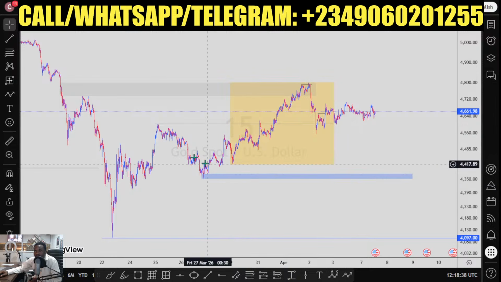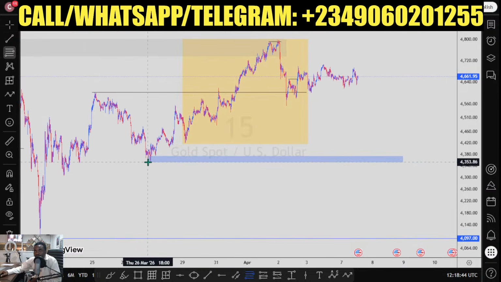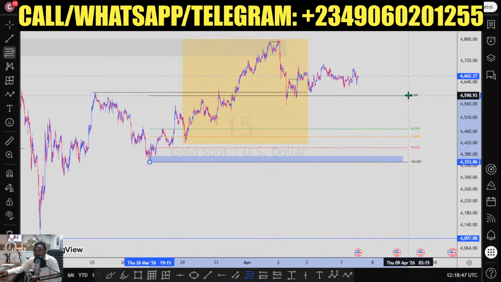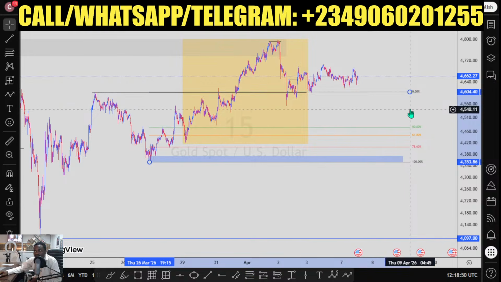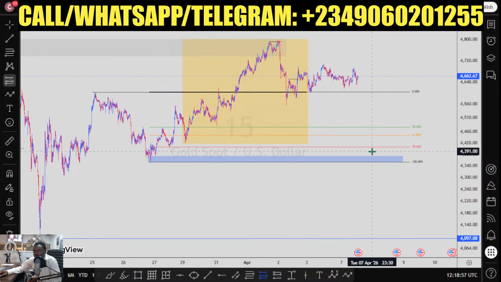And we broke this level 1 and 2. All right, let's see from this low to this break of structure, the 0.61 and 0.78. Let's take note of 4,420 slash 4,450.